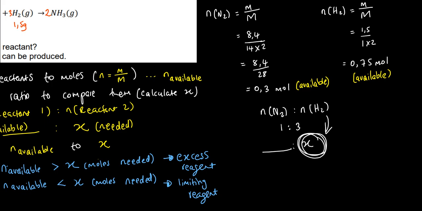X as hydrogen, or X for nitrogen. I'm going to choose to calculate X for hydrogen. Now, for nitrogen, I substitute the available moles. You remember this? We said you substitute the available. So the available moles is 0.3 for nitrogen.